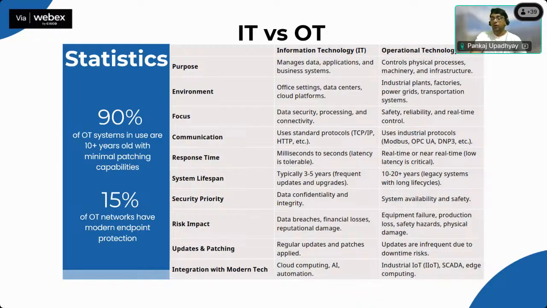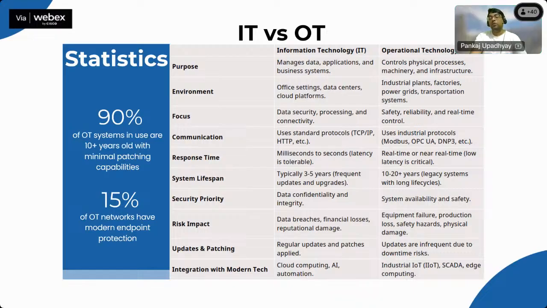When we talk about updates and patching, new patches are coming. If any vulnerability has been found in a particular software or hardware, you might get a notification on your laptop to please download and install those updates.